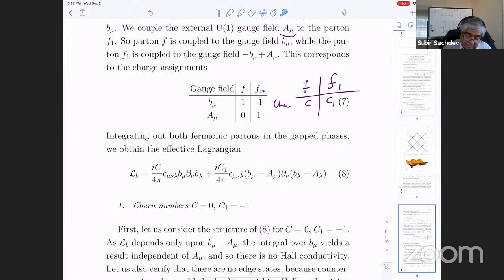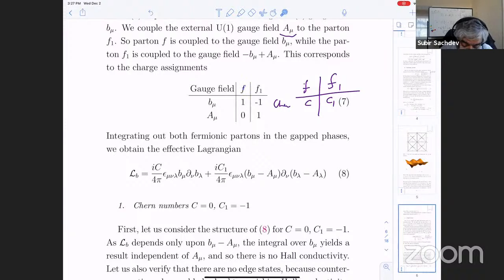Well, for the fermion F1, it has Chern number C1, and it couples to A mu. So you'll get a Chern-Simons term. Let's start with F first.